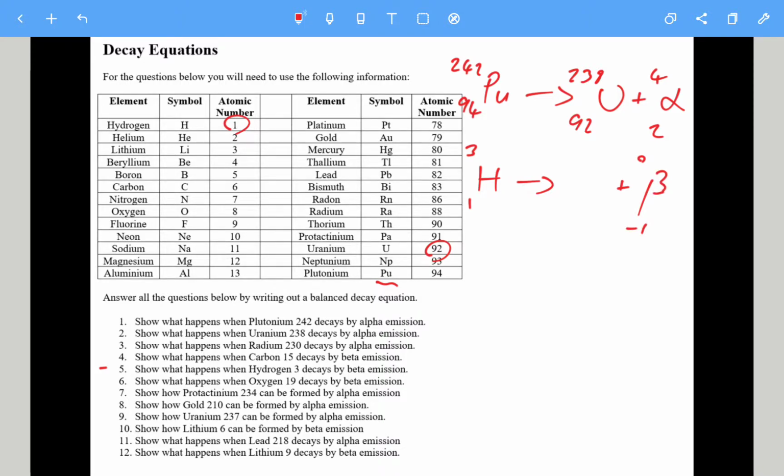Then we just need to make the numbers add up. Something minus 1 on the right-hand side to give us 1 would be 2, and something plus 0 would obviously be 3. So now both sides are balanced. Then we can check the atomic number of the daughter nuclide, which is 2, so that would be helium.